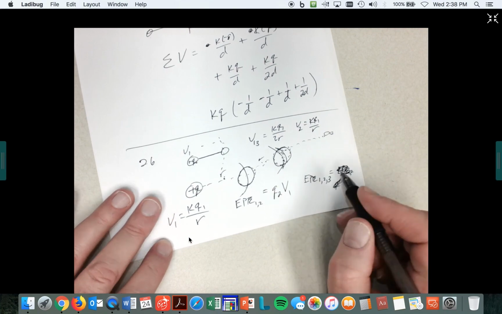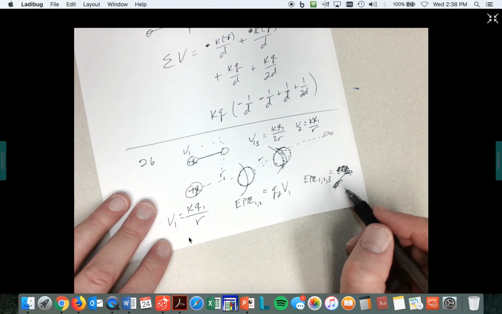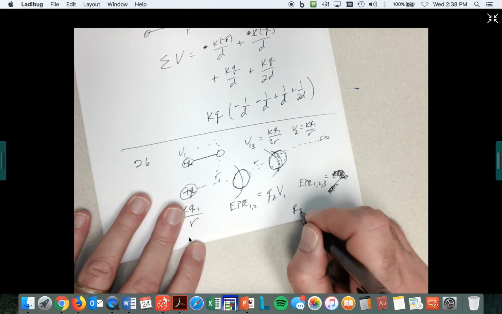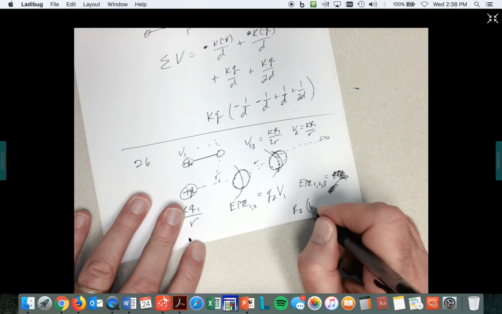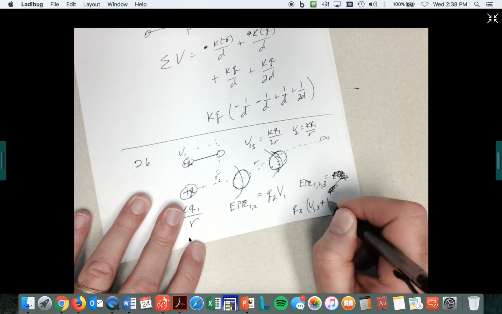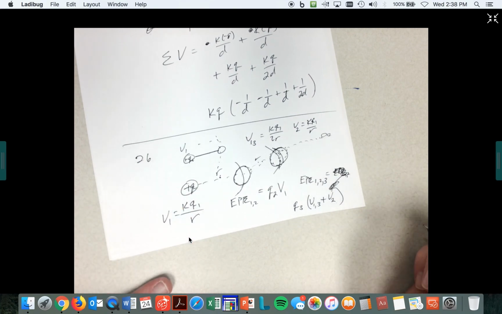The electric potential of 1, 2, and 3 is going to equal Q3 times V1 in position 3 plus V2 in position 3. And then you're going to calculate that, and then you're going to have that one.